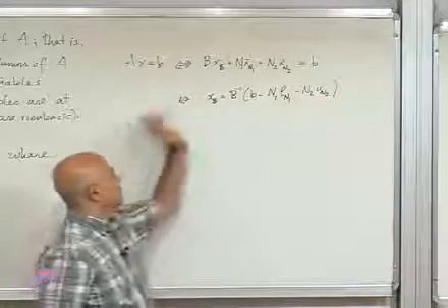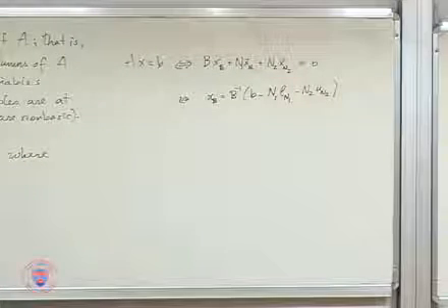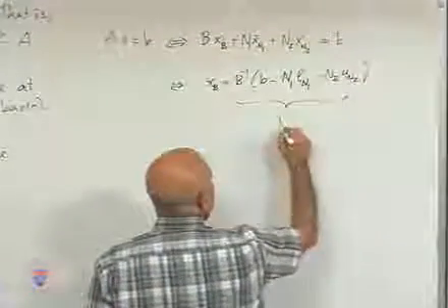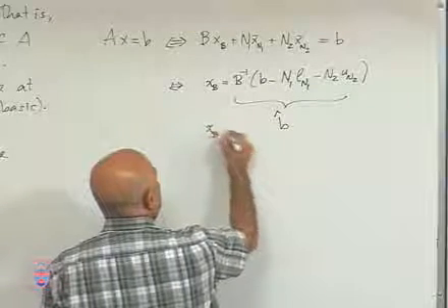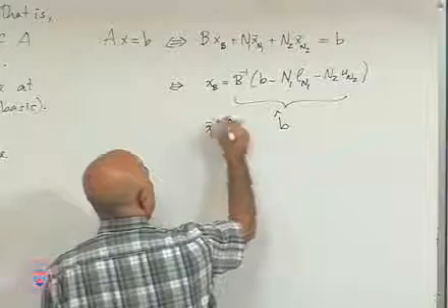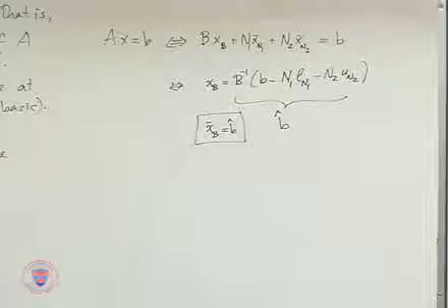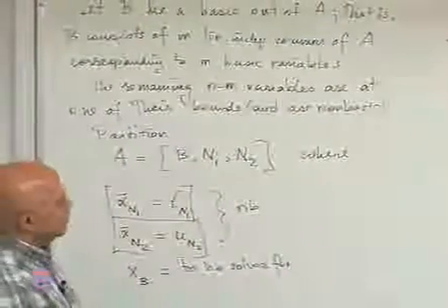And so XB will be equal to B inverse times the entire thing. Okay? Let's call this B cap. So XB is equal to B cap. The other ones are as given. Okay? That's the situation.